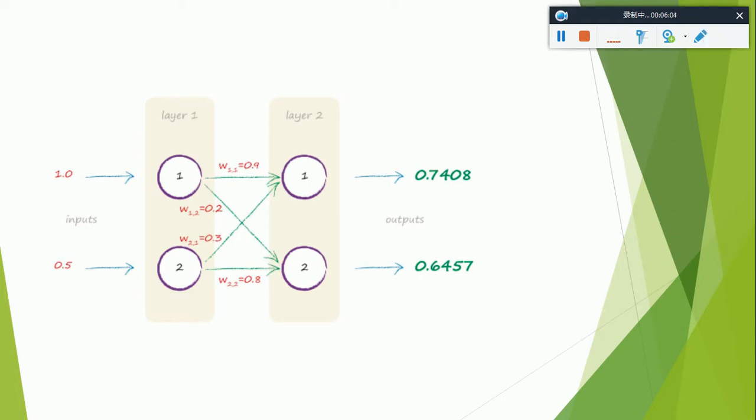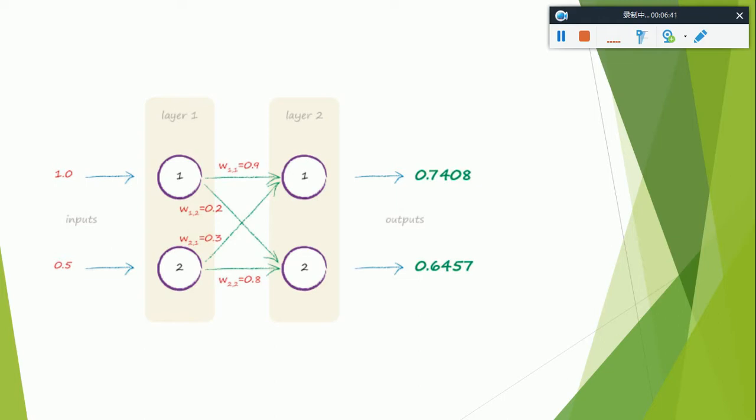Let's see an example. The input of row 1 in level 1 is 1.0, and the input of row 2 in level 1 is 0.5. The weight W11 is 0.9, W12 is 0.2, W21 is 0.3, and W22 is 0.8. Then we calculate using the formulas.